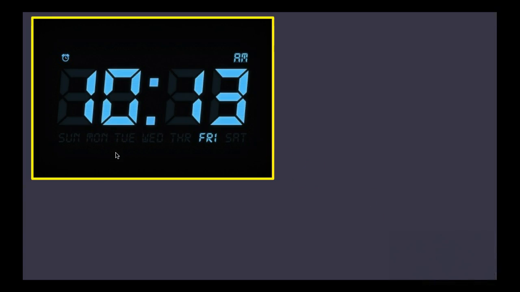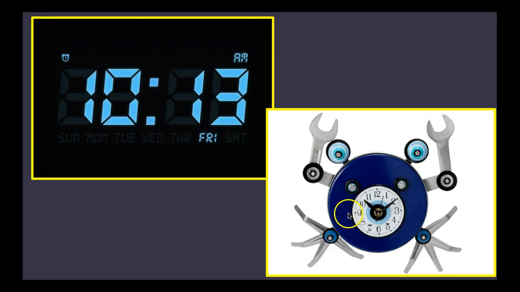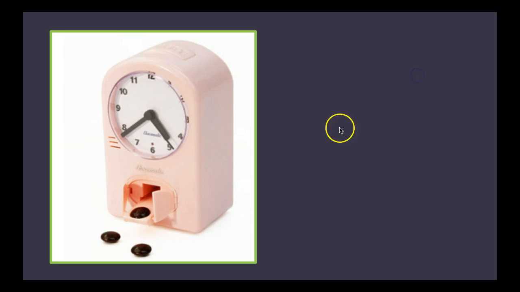Son las 10:13 de la mañana. ¿Qué día es hoy? Hoy es viernes. ¿Qué hora es? Son las 10:10.